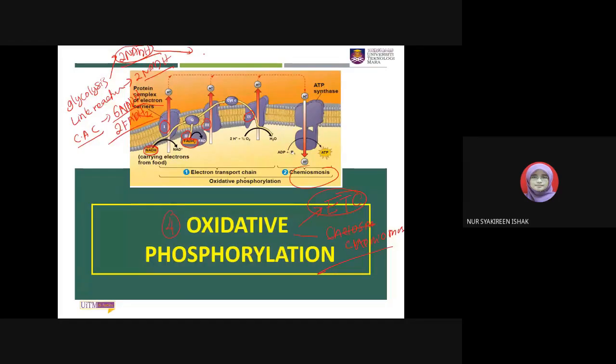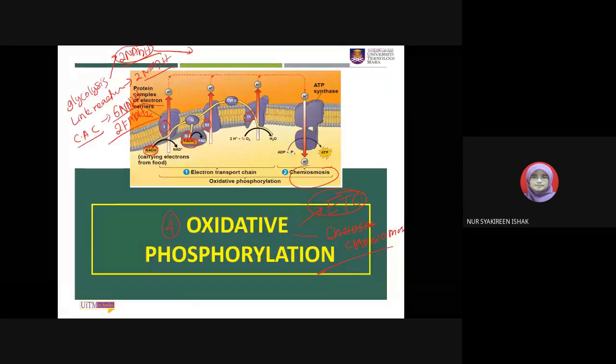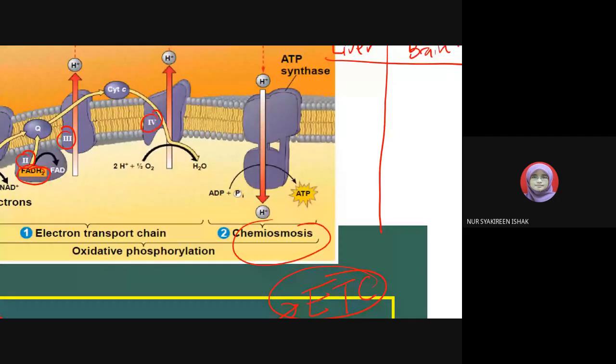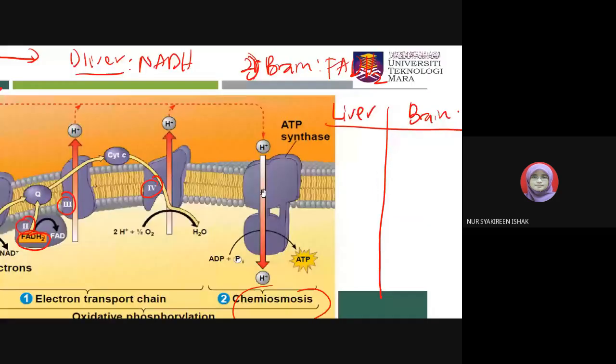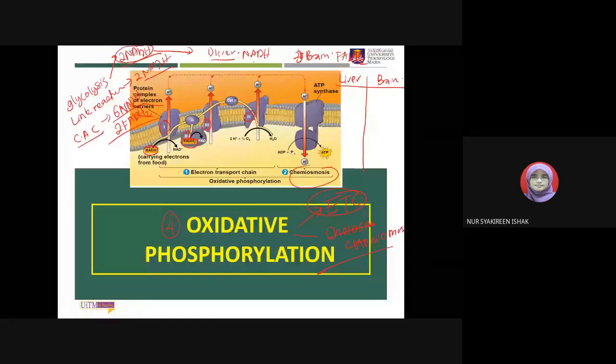So for liver, it still becomes NADH, but for brain, it becomes FADH2. Okay, so kalau kita bahagikan kat sini, liver, brain. Okay, so jumlah NADH ada berapa? Kita cuba kira ya. Kalau untuk liver, kat sini ada 2 NADH, kat sini ada 2 FADH.